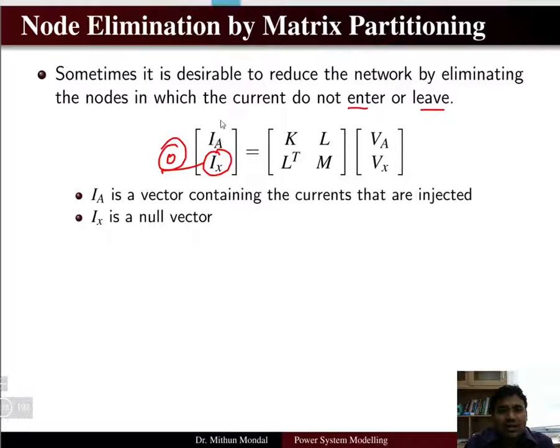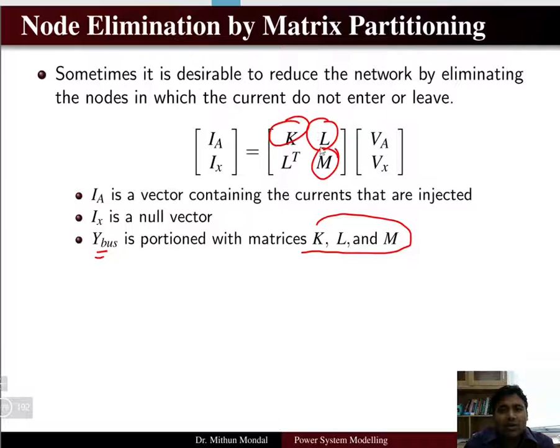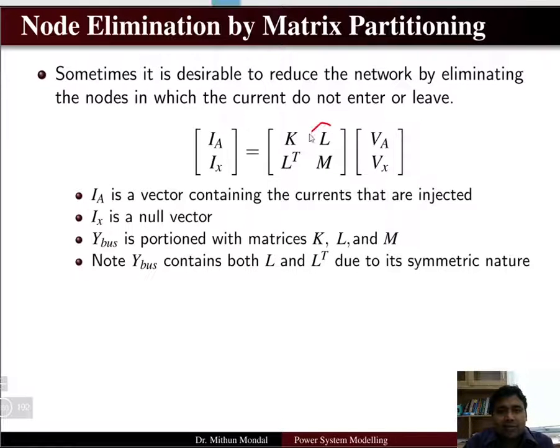So only the current will appear at these buses Ia. Then the Y bus will be partitioned into the matrices K, L and M. So K, L and M will be the new matrices involved in the Y bus. We can observe that it will have both L and L transpose because of the symmetric nature.